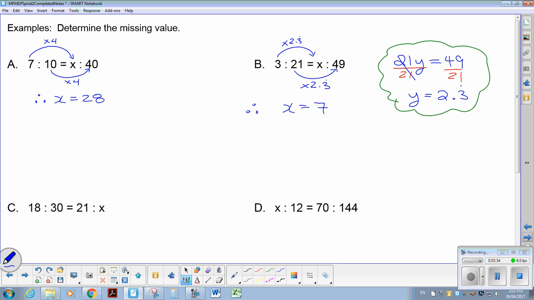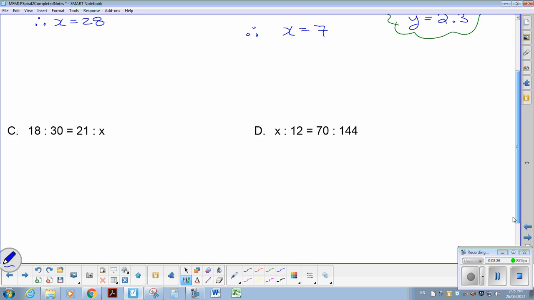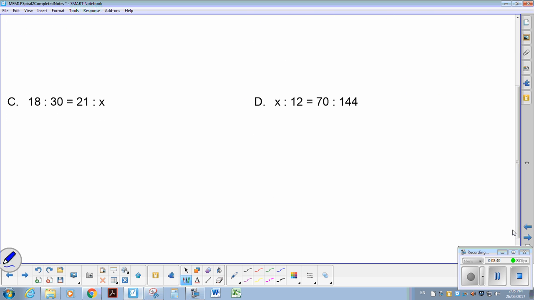Moving on to question C, 18 to 21. That's going to be a funny number. So what's it going to look like? It's going to be 18y equals 21. Divide both sides by 18. We're isolating using our algebra skills. Inverse operation leaves me with y.